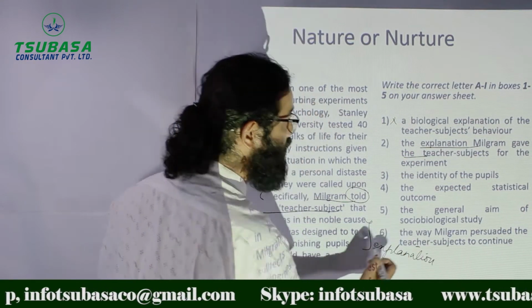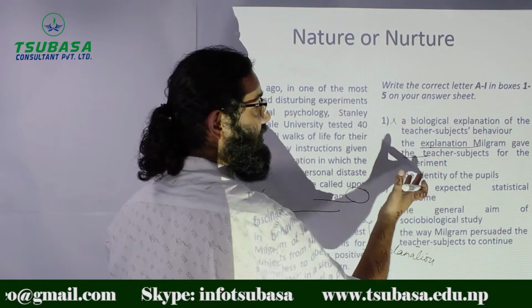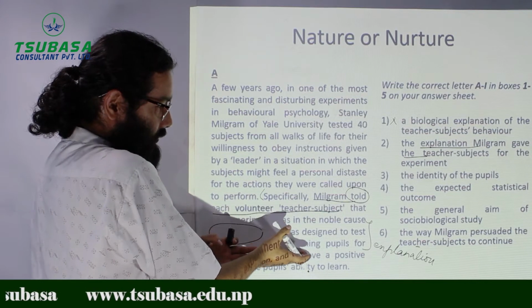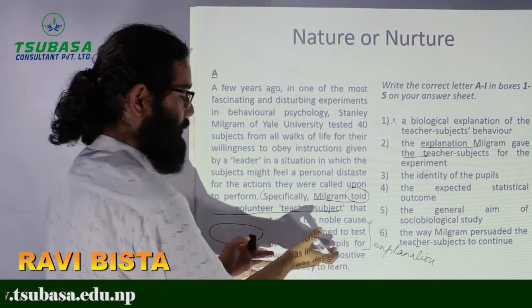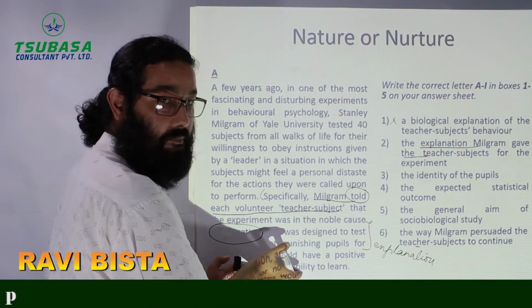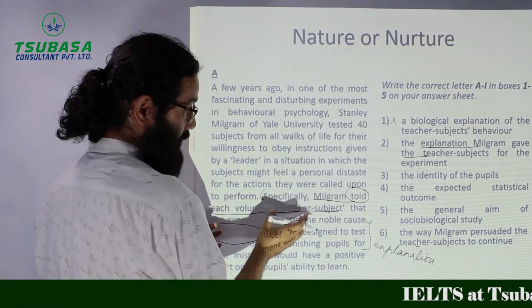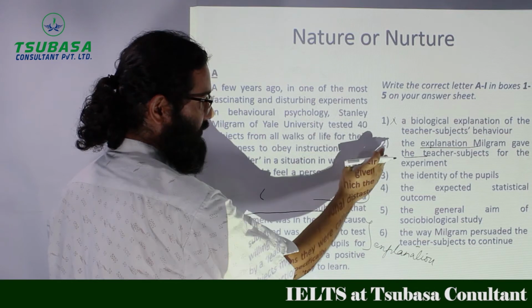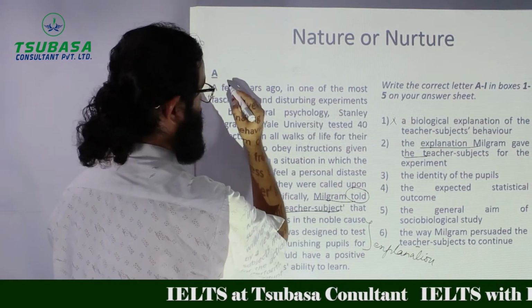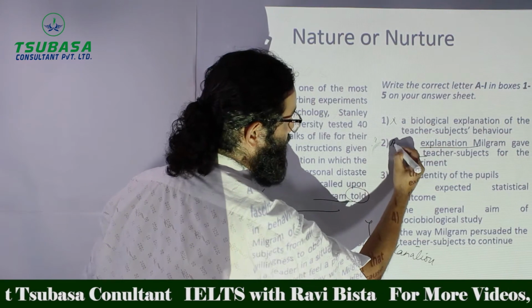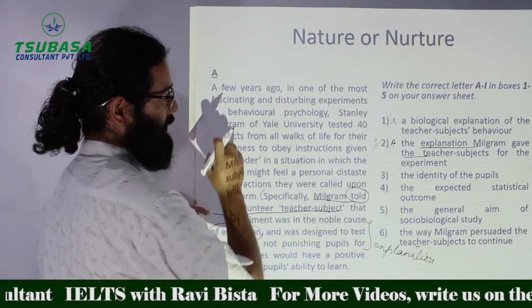So now we already know the explanation is to find out if punishing people would have positive effect on their ability to learn. Of course, as of now, because there are still 3, 4, 5, 6 choices, let's write down A as of now, because this particular matches this paragraph.